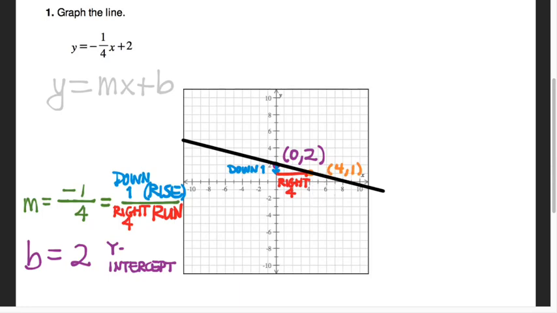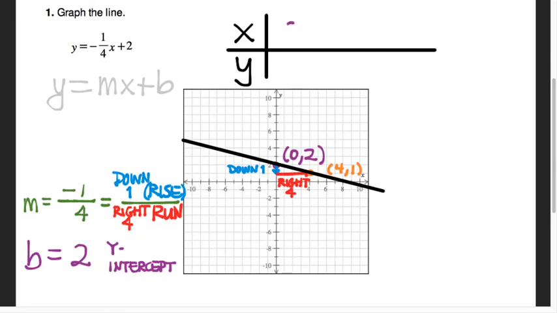One other option that we have here is that we could also have used a data table. This is an underrated option, but I kind of like it. In our data table, because our y-intercept was 2, we know that there's one point on the data table, 0, 2, that we know for sure from the beginning.